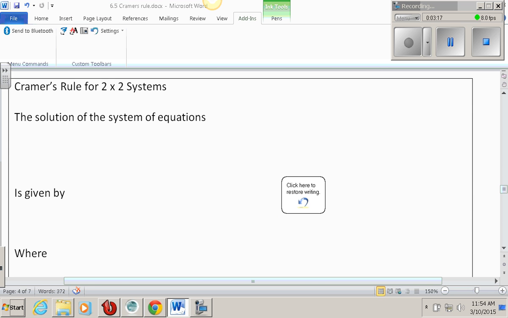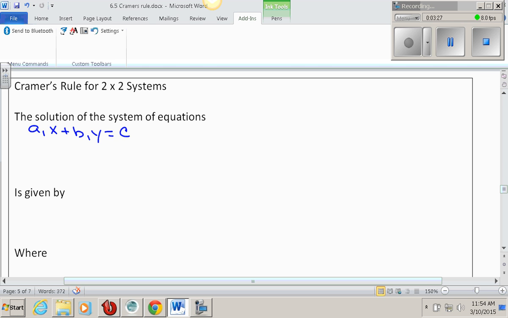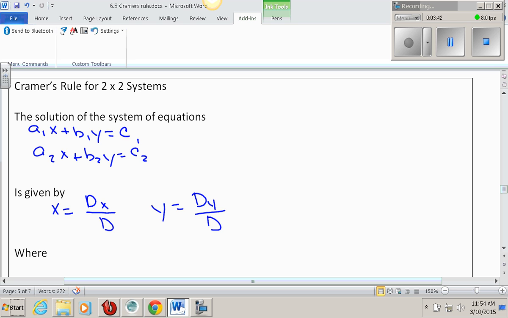So with Cramer's rule for 2 by 2, if we have a system, a1x plus b1y equals c1, and a2x plus b2y equals c2, that is given by x equals and y equals. Okay.